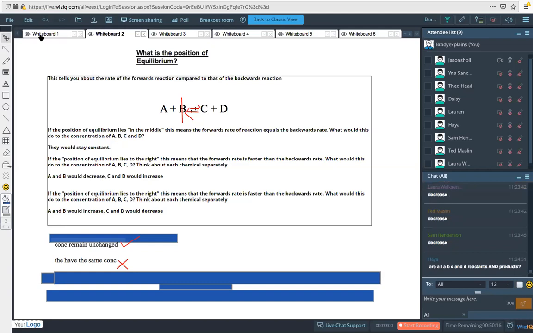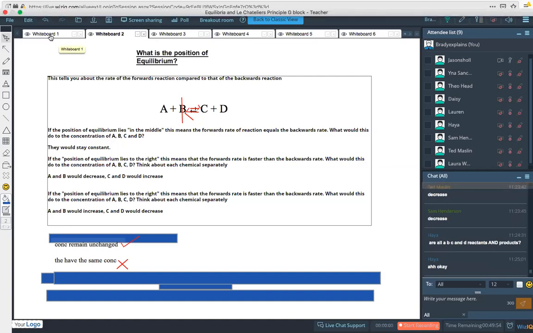But that's just convention. Strictly speaking, yes, they are both products and both reactants, depending on whether you're thinking about the forward reaction or the backwards reaction. But we usually just say whatever's on the right, we're going to call that the products. Does that make sense? Yeah, cool. No other questions, guys?